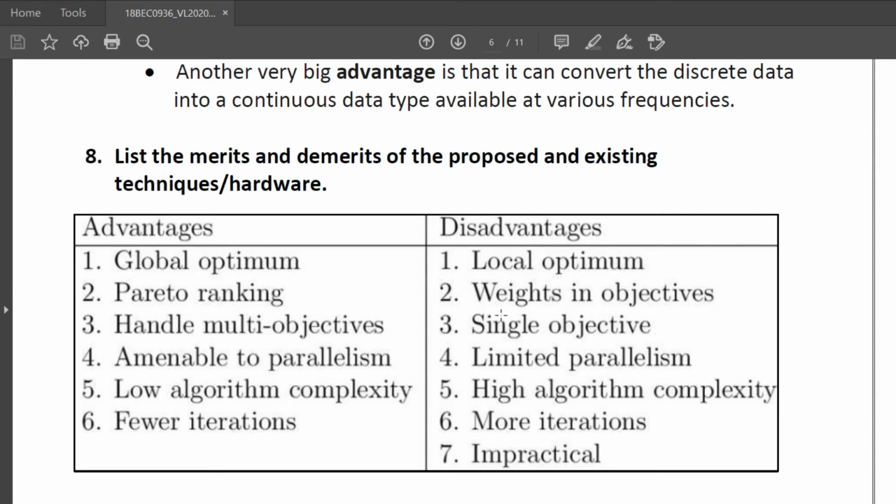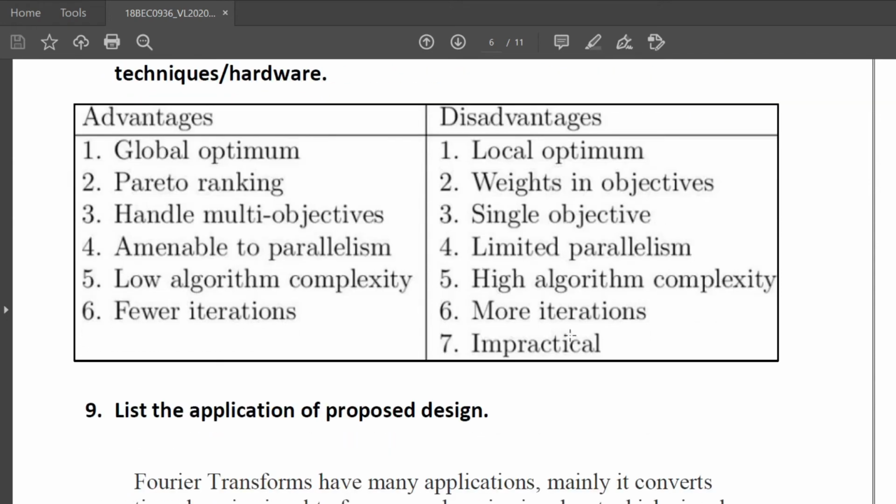But here the disadvantage is weights and objectives. Single objective. It can't perform multitasking and all. So it just has a single objective and limited parallelism. So comparatively, the proposed architecture is more useful than the existing one, which means it is a slight improvement over the existing devices, existing architecture, existing techniques.